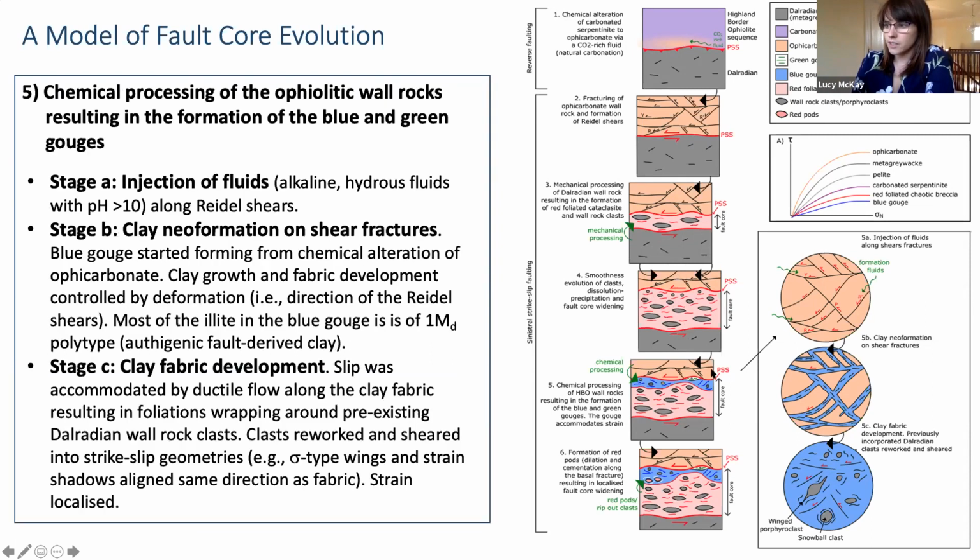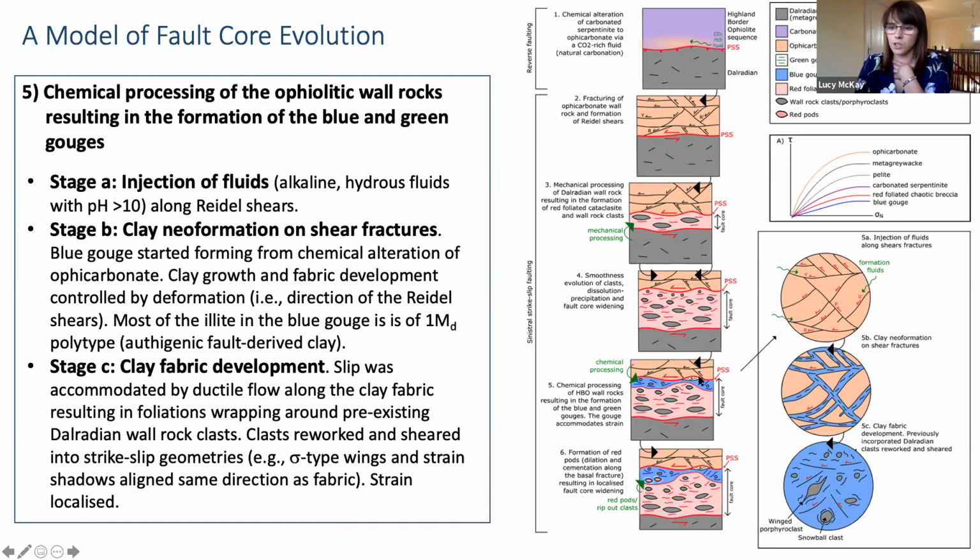The next stage is once you metamorphose the Dalradian, you're going to start altering the other side of the fault, which is the ophiolite units. So then I'm suggesting you get this chemical processing of the ophicarbonate, and you're forming your green and blue gouge.